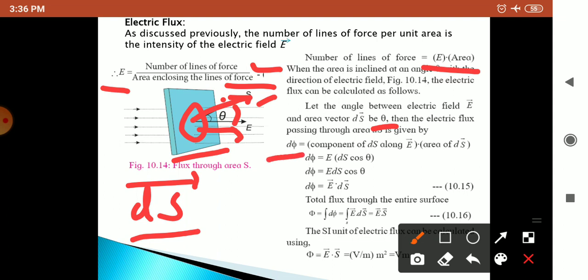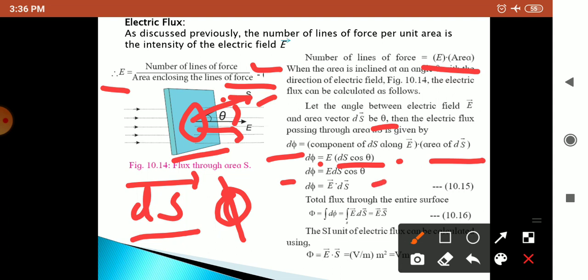Then d phi, where phi denotes the electric flux, is equal to the component of E along ds into area of ds. So the component is E cos theta, and the area is ds. Further solving, d phi, the electric flux, is equal to E into ds into cos theta.